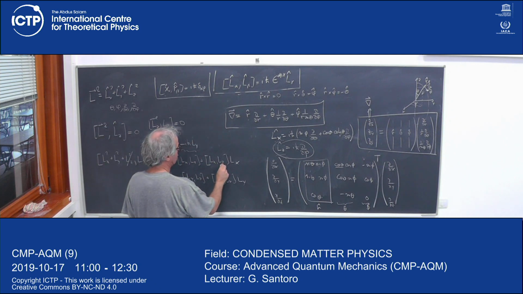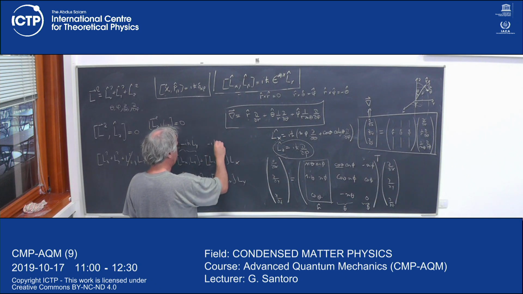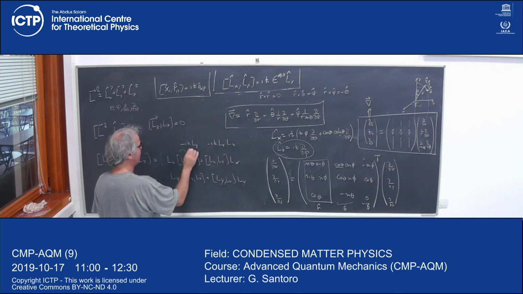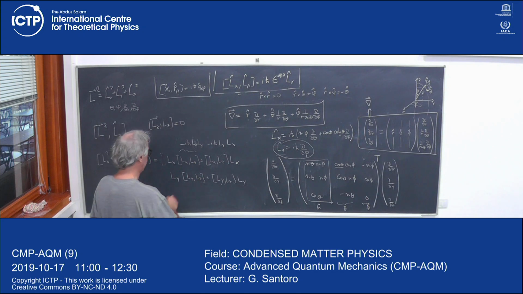And this is the same, right? Good. So, in fact, this thing is minus I h bar Ly Lx, and this is minus I h bar Lx Ly. These two terms. What about here?